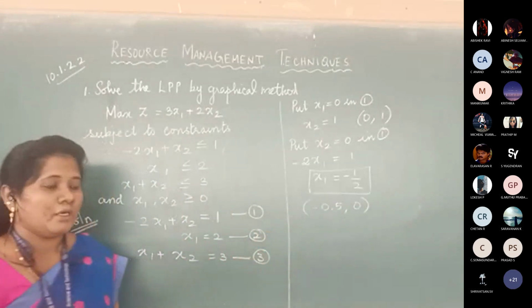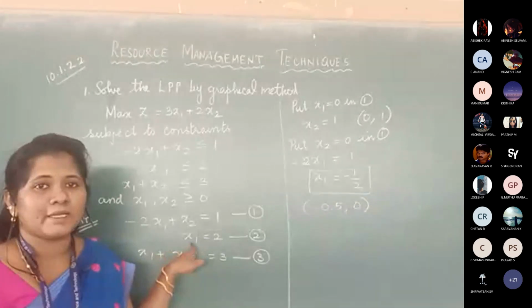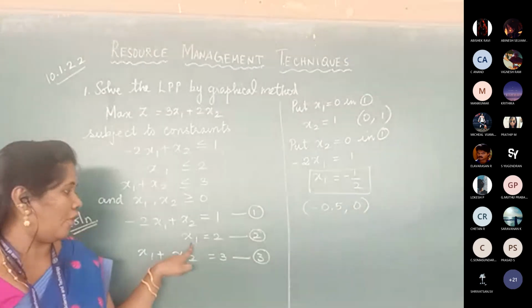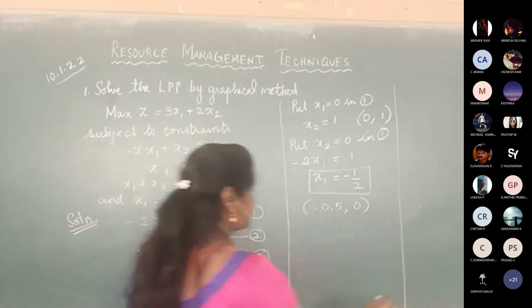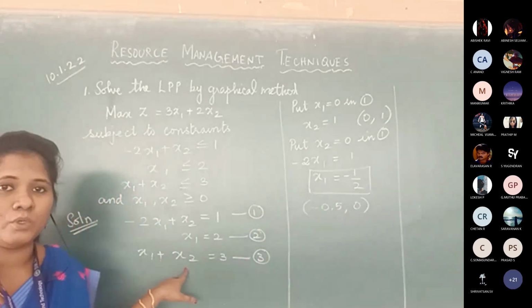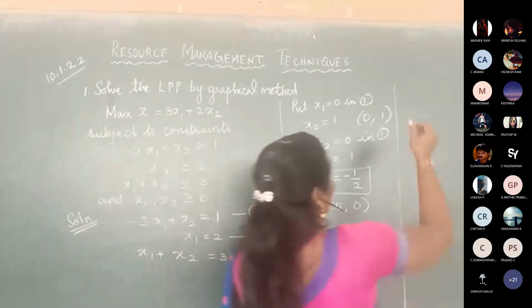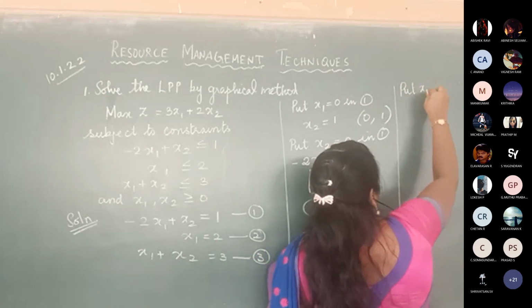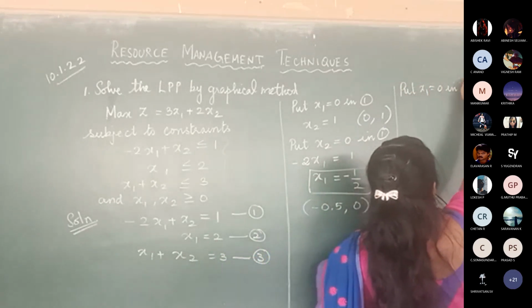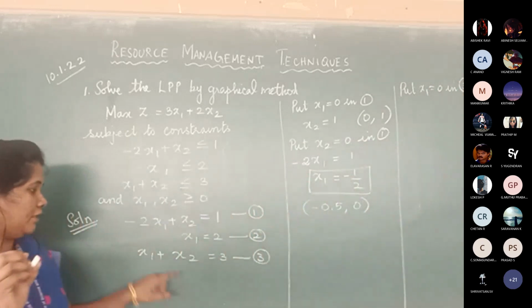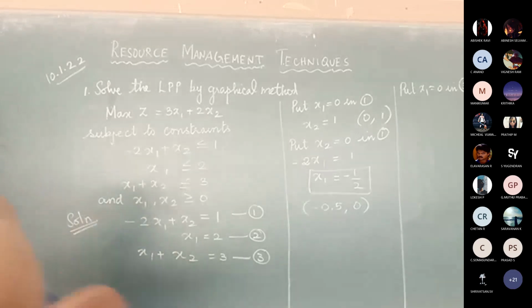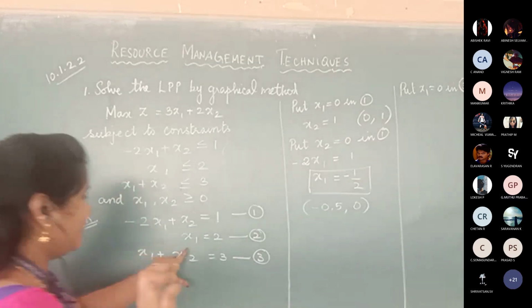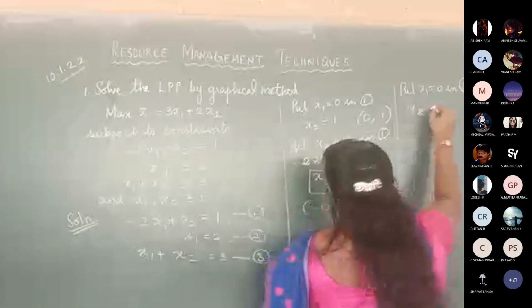For your second equation, it is directly x1 is equal to 2, so directly we can draw it. Next, we have to find out for your third equation. Same way, we will put x1 is equal to 0 and find your x2. When you substitute it in the third equation, x2 will be equal to 3.